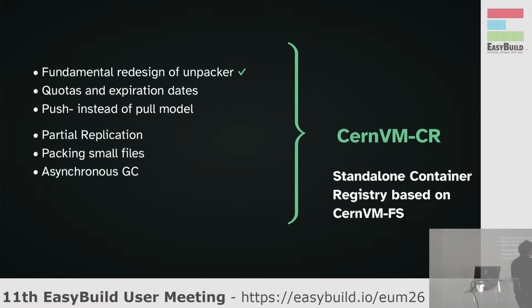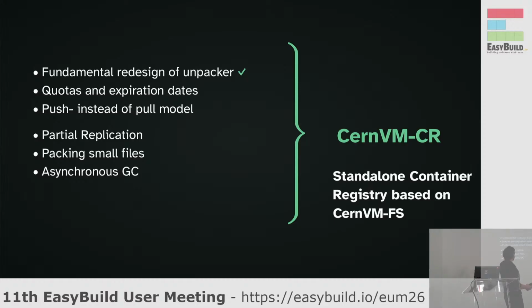There have been a lot of improvements in the cleanup and garbage collection of CVM-FS. We've had a lot of discussions about how to do asynchronous GC that's not blocking when you're trying to do transactions. That is something that is quite useful.